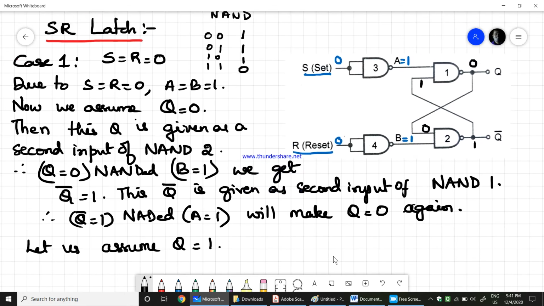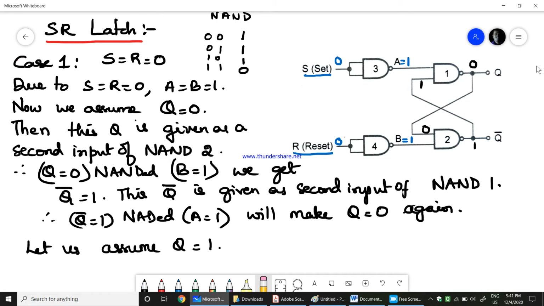When Q is equal to 1, the second input of this NAND gate will also become 1. 1 NANDed with 1 will make Q bar go to 0.